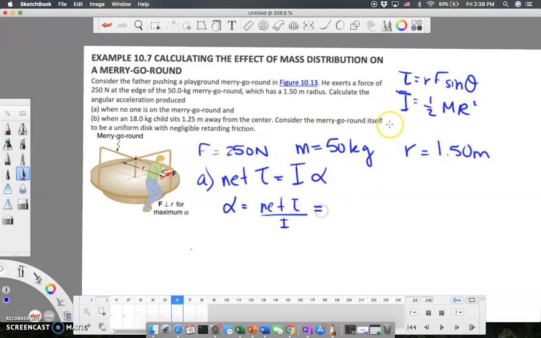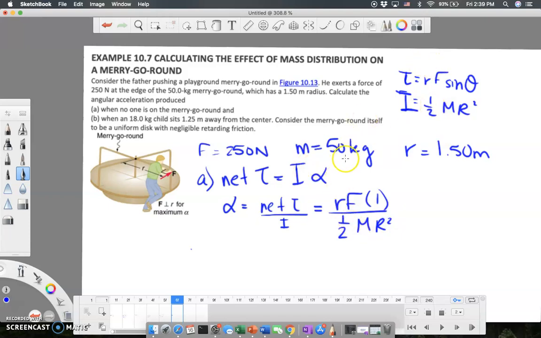So we plug in r times f times 1, since our theta is 90 degrees, it's perpendicular. And our inertia around a circle is going to be 1/2 times our mass times our radius squared.